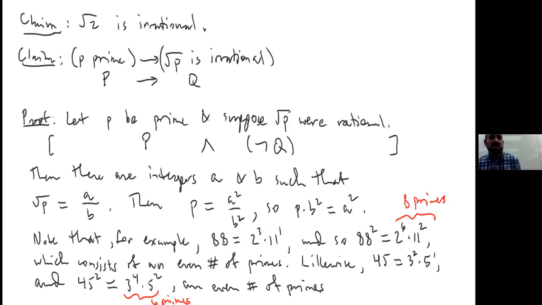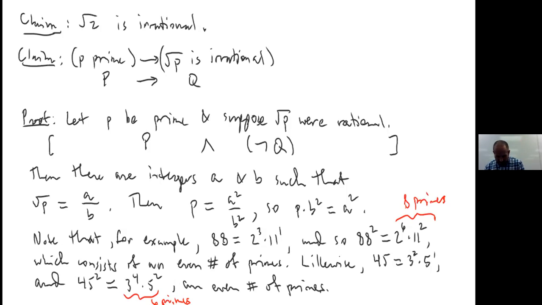What is the conclusion here? If I square any number, its primes all get doubled. And therefore, any number that is a perfect square has how many prime factors total? An even number, yeah? Any perfect square has an even number of primes total as factors, yes?